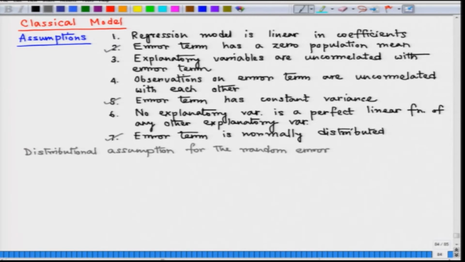So, I hope that you are aware of the normal distribution. I will not get into details of the normal distribution.